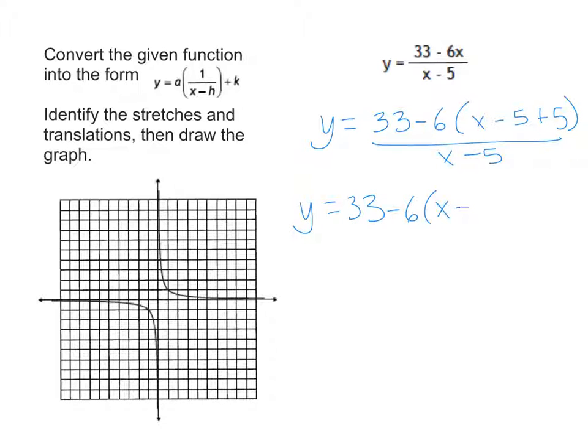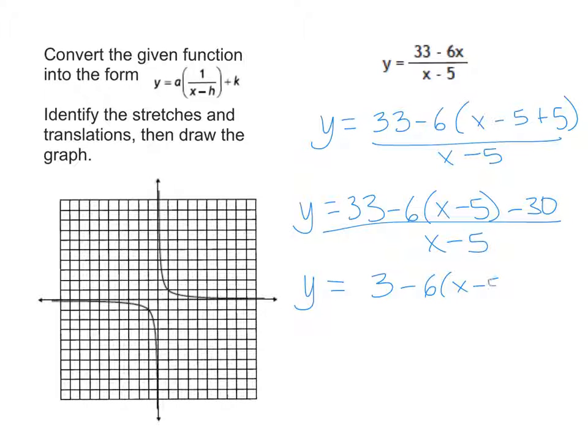All I want in this bracket is an x minus 5. So what do I do with the plus 5? Multiply it by negative 6 to get it out. And when I do that, it becomes a negative 30 out there. So now I'm going to simplify this a little bit more. I have 33 minus 30, which is just 3, minus 6 times (x minus 5).